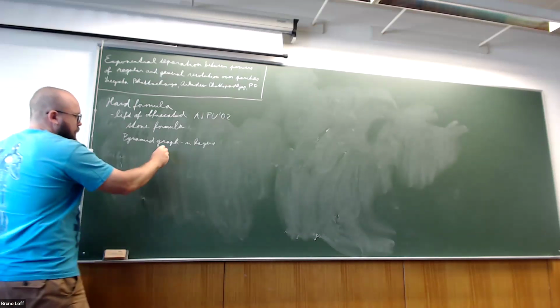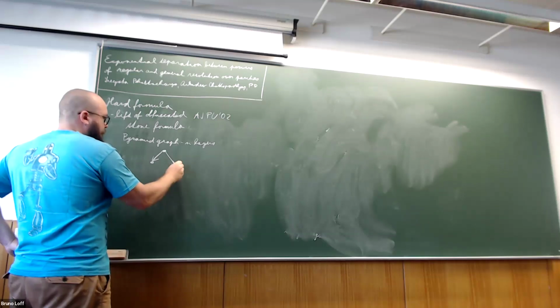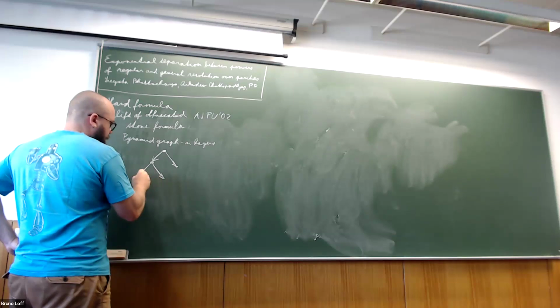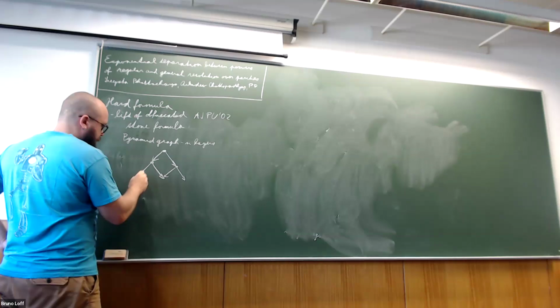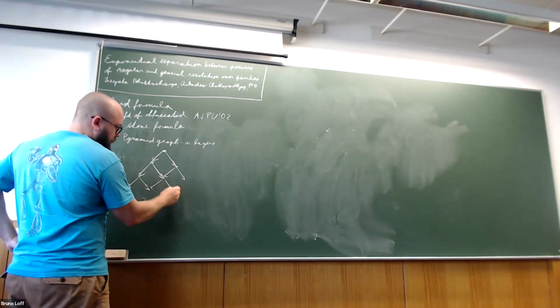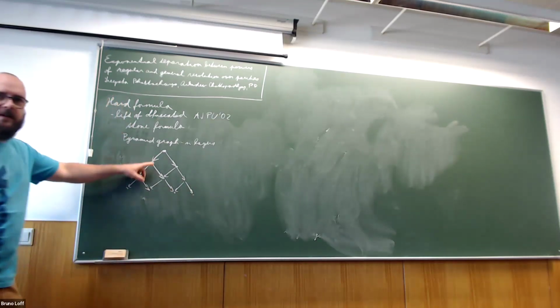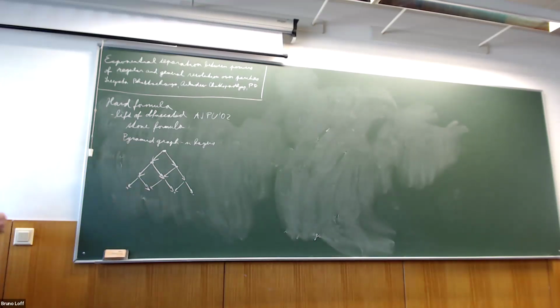There is one root, and so on. In each layer there is one more vertex, and they are connected in this way.